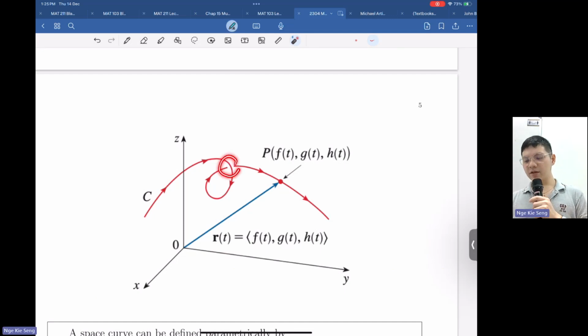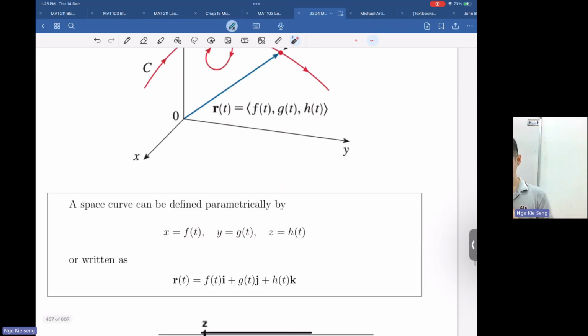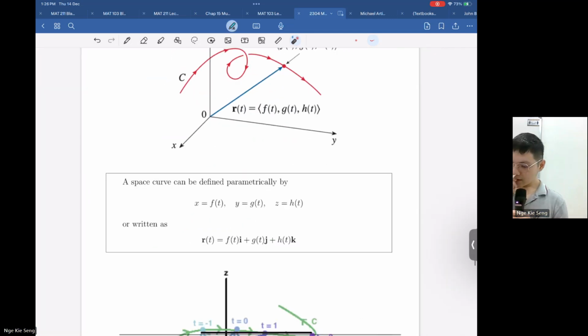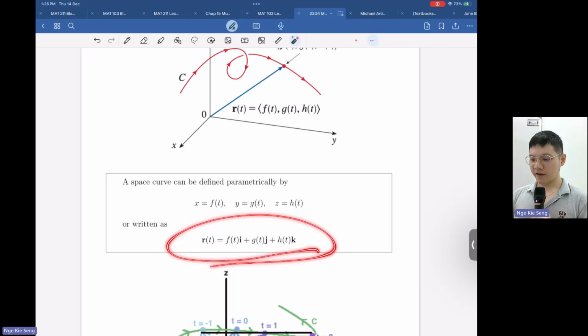You can see that this is not an intersection. You can see that this curve goes behind. Can you see this cross here? It doesn't intersect. It goes behind. Make sense? Okay, I can imagine. So this is really a vector function here.